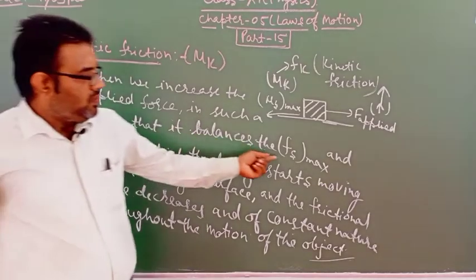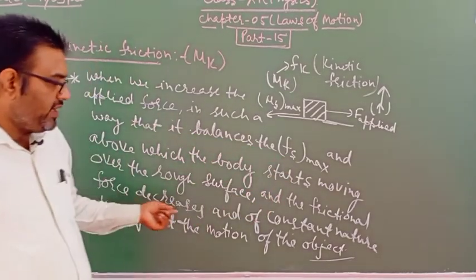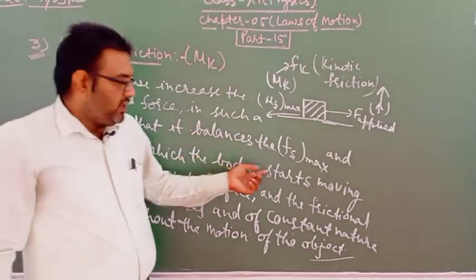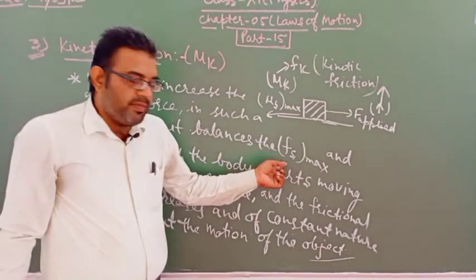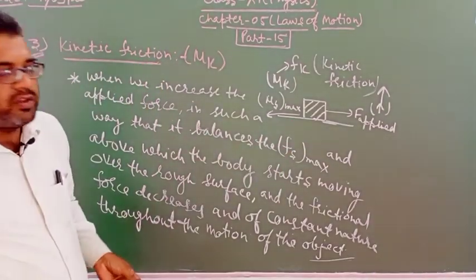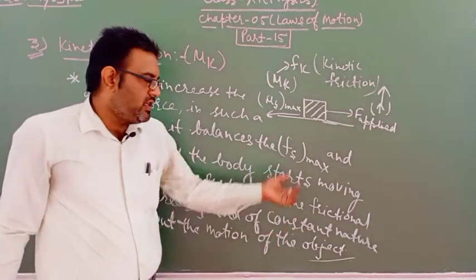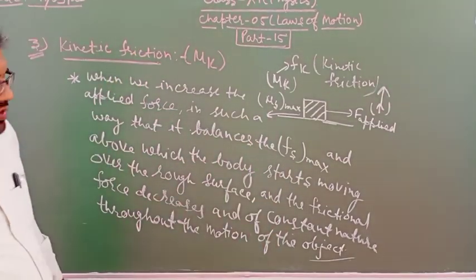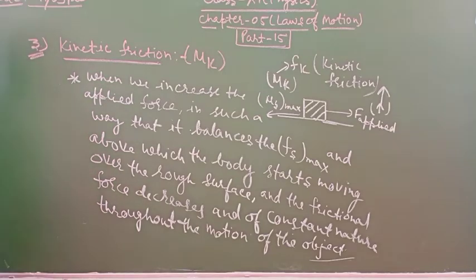The value of kinetic friction is less than the value of limiting friction, and throughout the motion of the object on the rough horizontal surface, its value is constant. This is about kinetic friction.